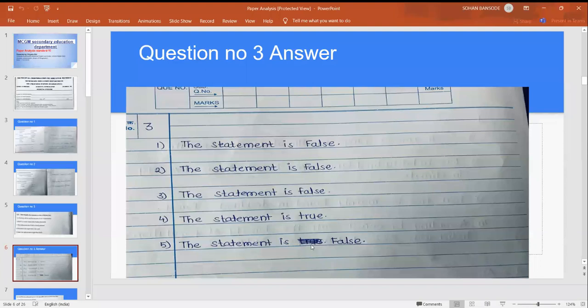So if you got a wrong answer, don't worry about that. Just make one pattern only. Make lines on that word, horizontally or vertically, and then write your correct answer. So the way I have done over here, the statement is true. First I had written true because I know that the answer is false, but I have struck it out in a proper way, and then I have continued with my answer.